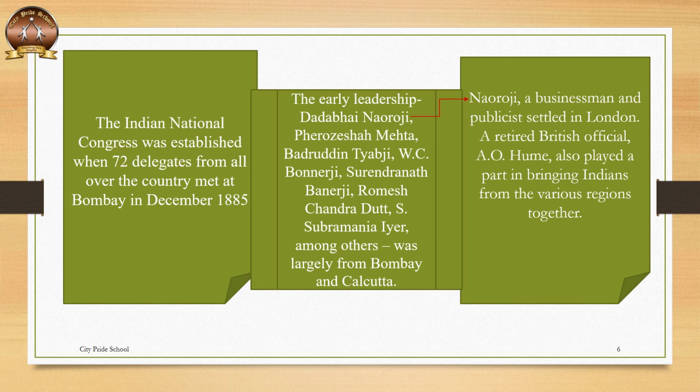And for some time he was also the member of British Parliament. He guided the younger nationalists. Children, now A.O. Hume, a retired British official, also played a very important role in bringing Indians from the various regions together.